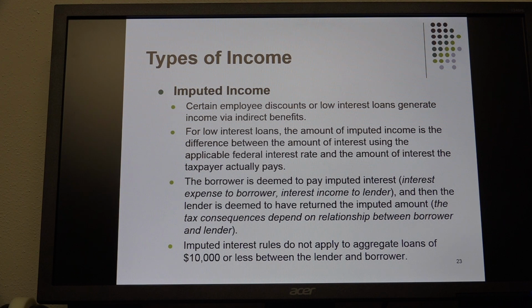The imputed income is the difference between the two interest rates. Now again, these are usually between related parties, so that's why this occurs.